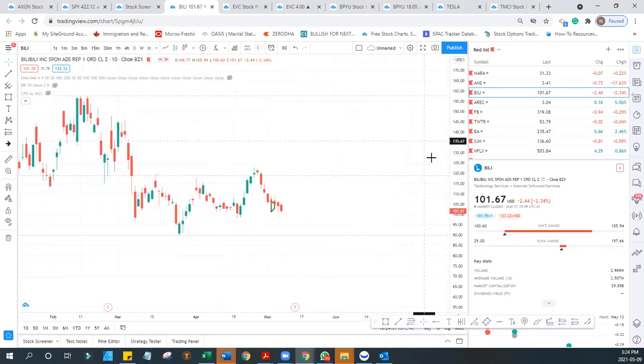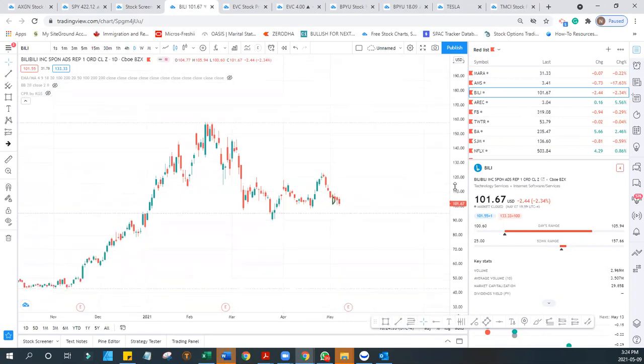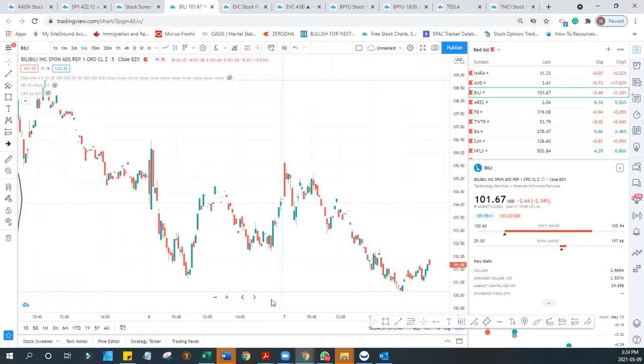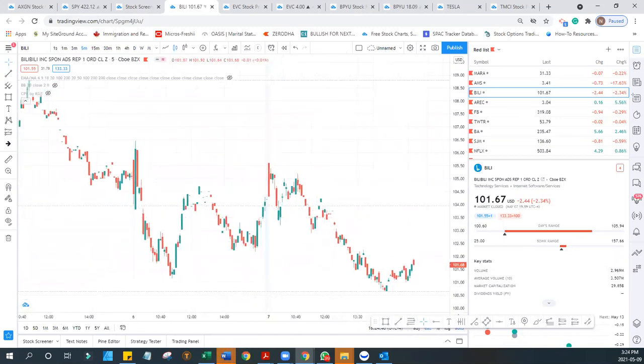Now let's see how things work for day trading with the Bollinger Band. Does anybody use the Bollinger Band in their trading or not yet? I use it to find entries and exits, mostly entries.